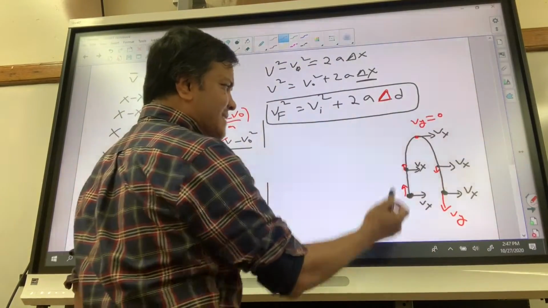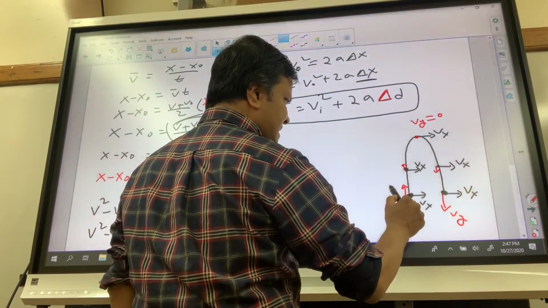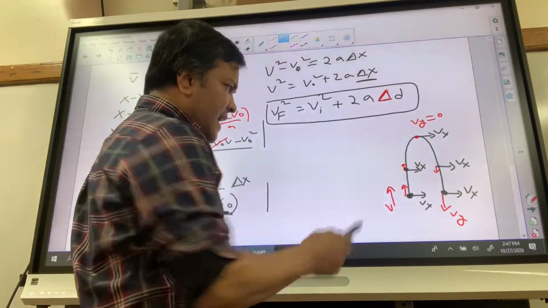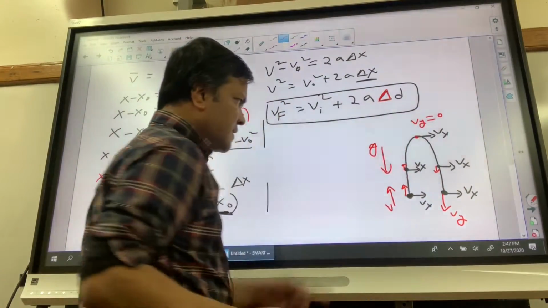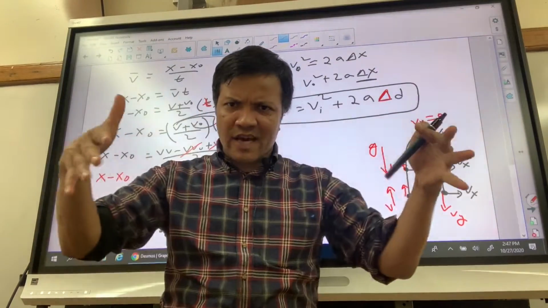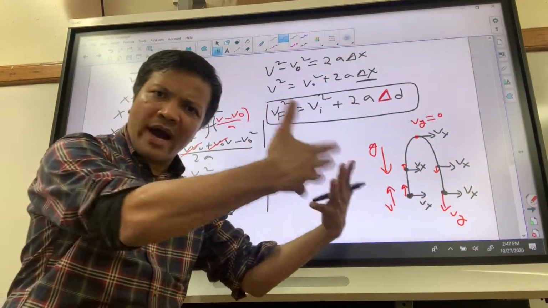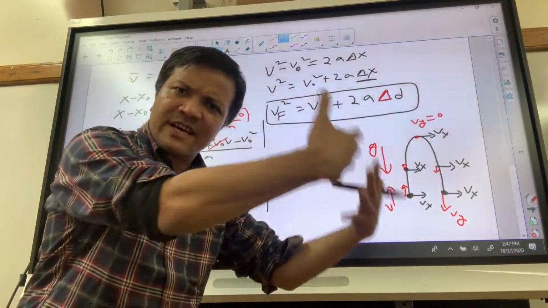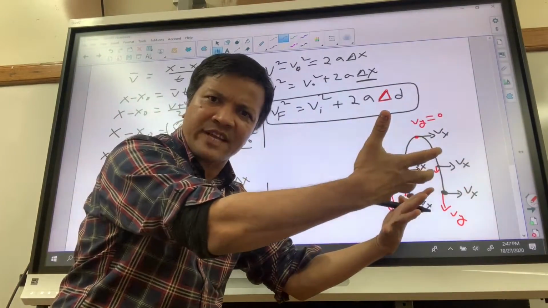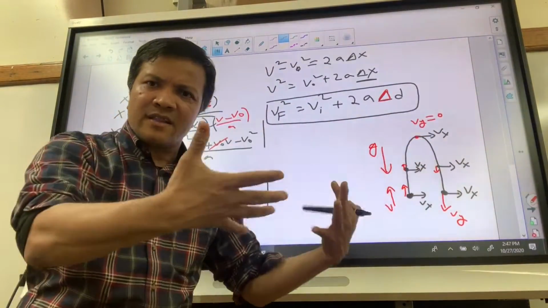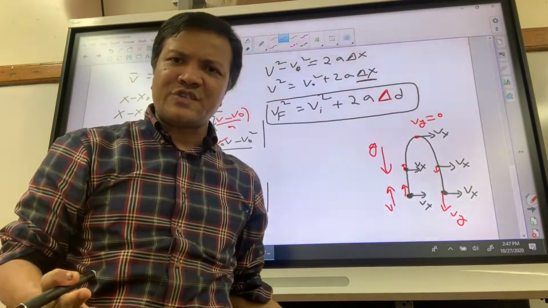Why is that? Because the initial velocity component fights with the acceleration due to gravity component. Today you learned that acceleration due to gravity is the downward arrow. Now you see why this velocity decreases, because it has to fight with the downward acceleration due to gravity. When they fight each other, the initial velocity decreases and goes to 0.